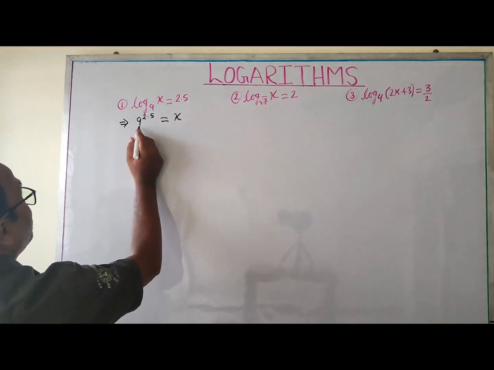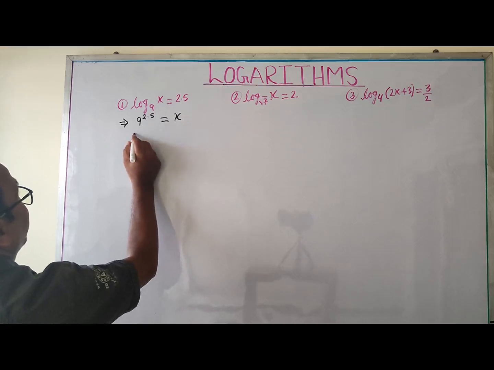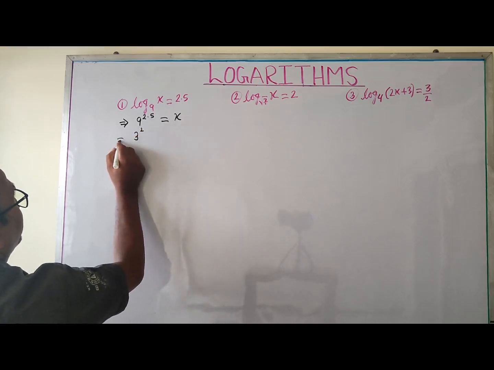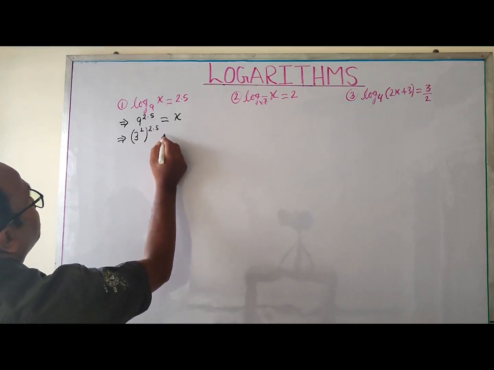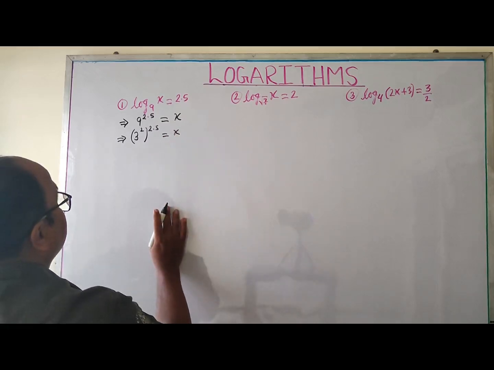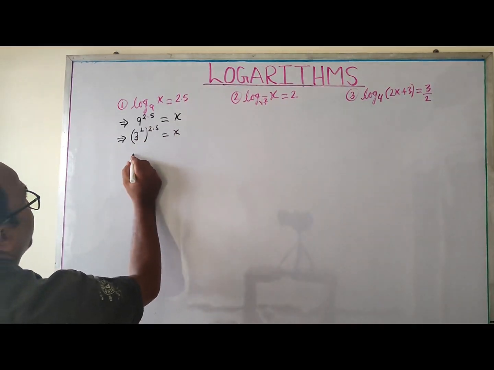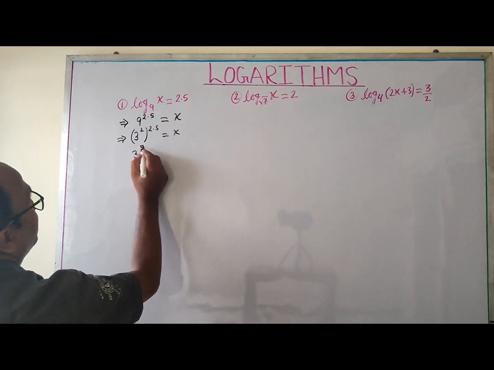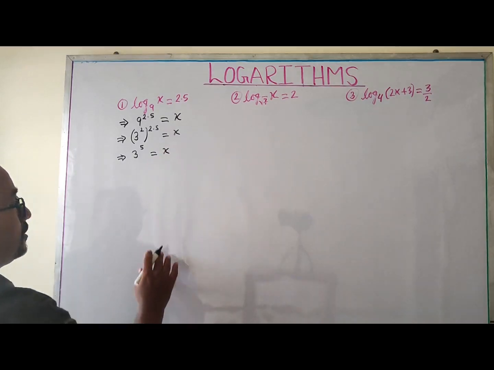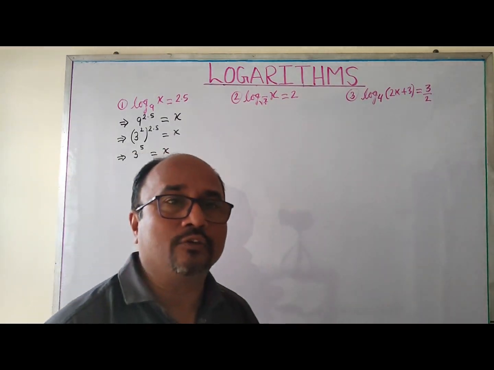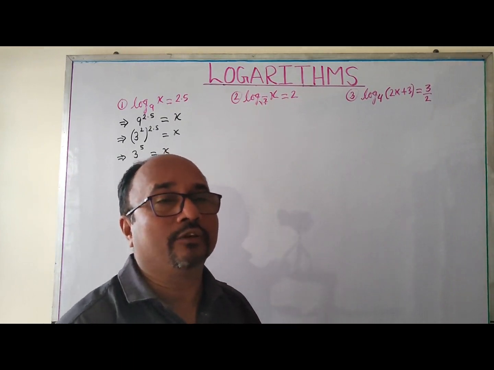So 9 to the power 2.5, 9 can be written as 3 square, and then we have the power 2.5 is equal to x. So 2 into 2.5 will give you 3 to the power 5 is equal to x. 3 to the power 5 means 3 into 3 into 3 into 3 into 3.